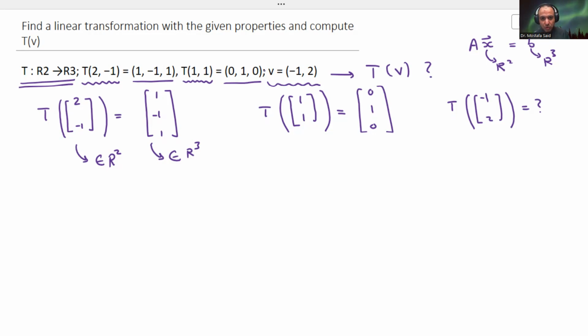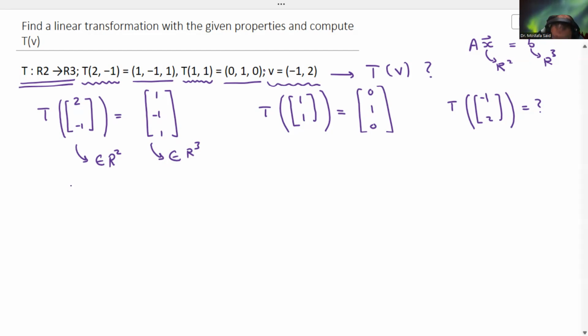So how to do that? We learn in our chapter about linear transformations that if a vector is a linear combination of other vectors, then the linear transformation of that vector equals the same linear combination of the transformations of the other vectors.